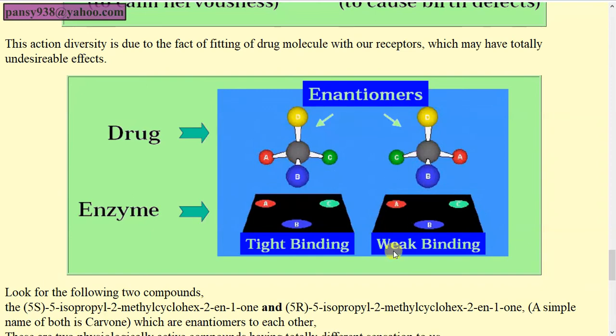So there is a problem in bonding this C on A and this on this site of the receptor. So bonding will be weak and its action will be zero as compared to this one.